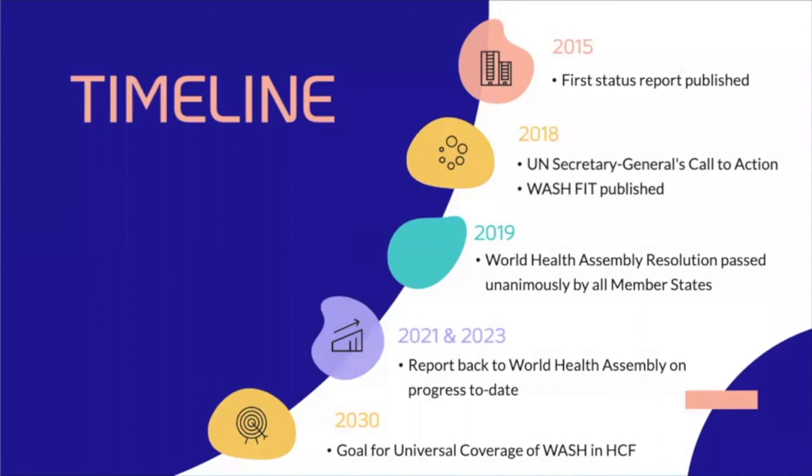In 2021 and 2023, there are required reportings back to the World Health Assembly on progress to date. So the last one took place at the last World Health Assembly. The next one will be a year from now. And then in 2030, there is the end goal of universal coverage of WASH and healthcare facilities, meeting SDG 6 and 3, among other SDGs.